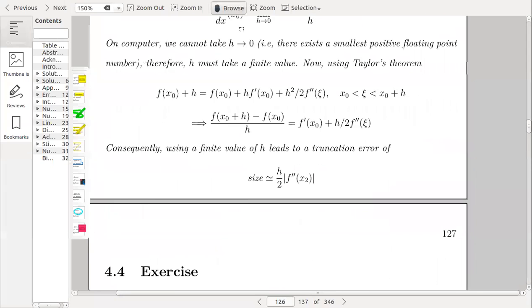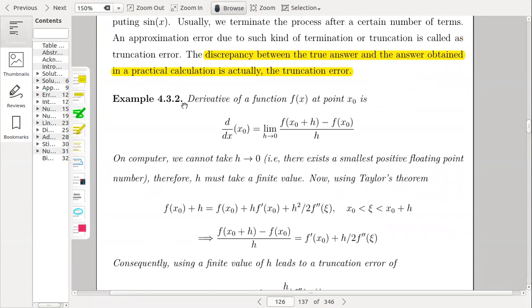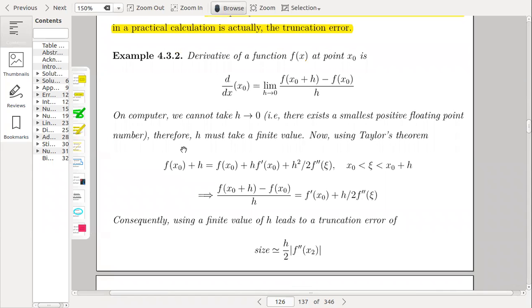So how can we calculate this error? For example, the derivative of a function at a point is given by the definition of derivative: d by dx at x naught is equal to limit h approaches 0 of f of x naught plus h minus f of x naught over h. On a computer, we cannot take h approaches 0, that is, there exists a smallest positive floating point number. Therefore, h must take a finite small value. So now using Taylor's theorem, we can expand this term f of x naught plus h.